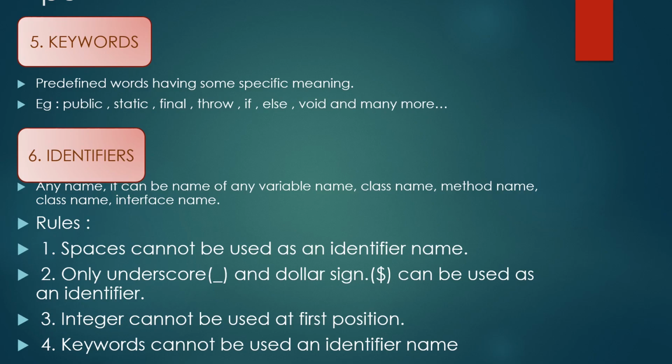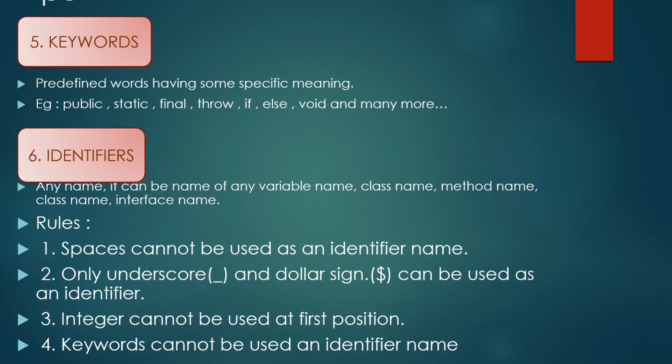This is a mandatory point. And finally, the most important point is that keywords cannot be used as an identifier name. The above keywords like public, static are predefined words already defined in Java, so we cannot use them as an identifier name.